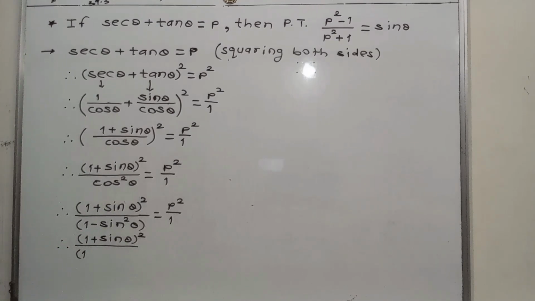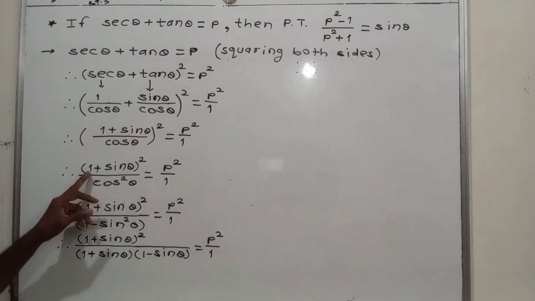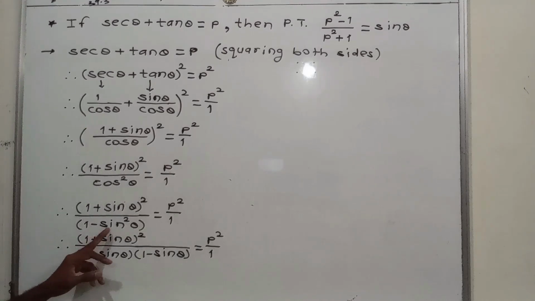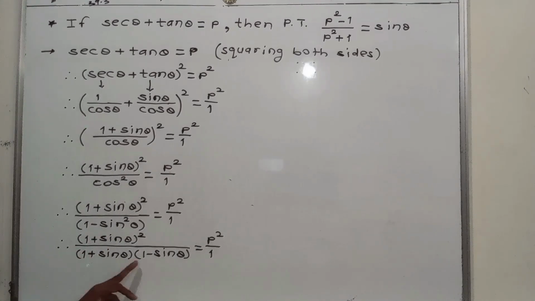A square minus b square means a plus b into a minus b, means 1 plus sin theta into 1 minus sin theta is equal to p square upon 1. See this here 1 plus sin theta bracket square. Now here a square minus b square means a plus b into a minus b. Here 1 plus sin theta bracket square and this cancelled.